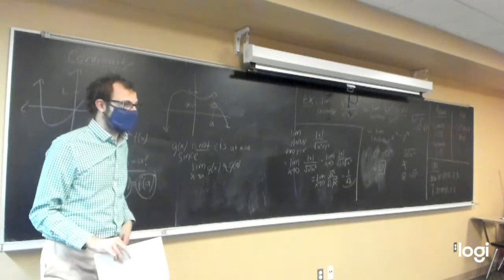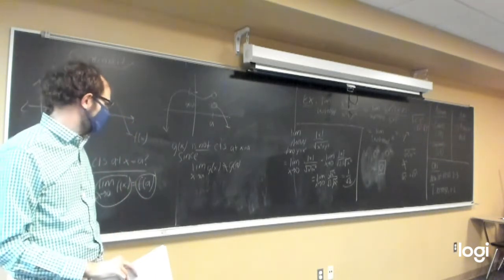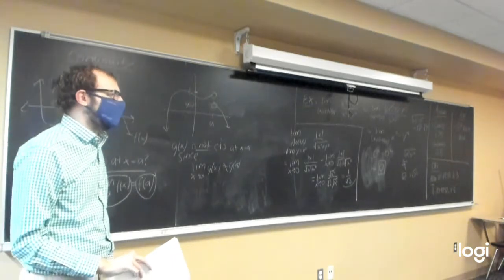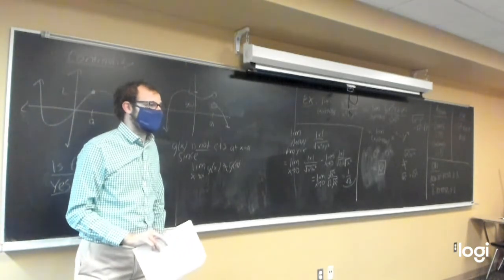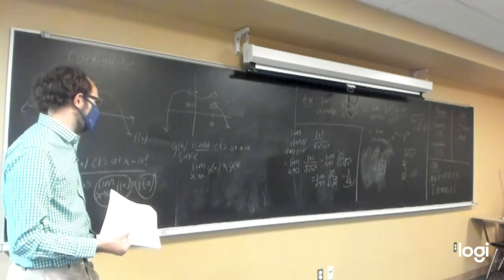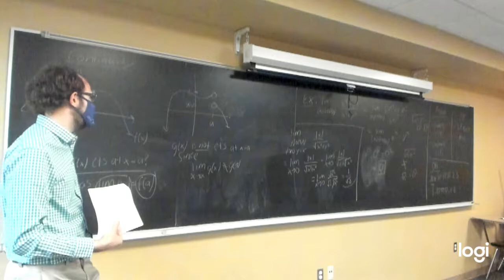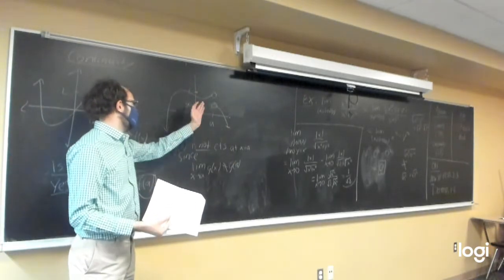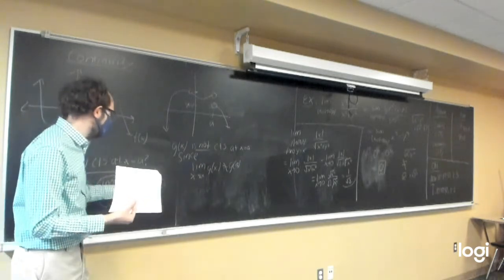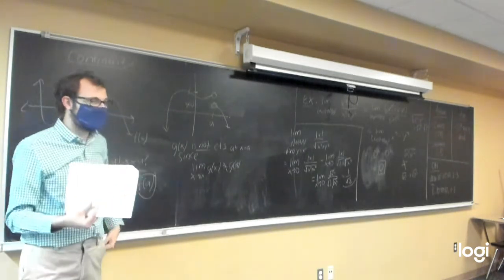They can both not exist, and that is not a double negative that becomes a positive, where if two things fail, it suddenly works. In this case, we have two different reasons to say why g of x fails to be continuous here: because the limit does not exist, and because g of a does not exist.